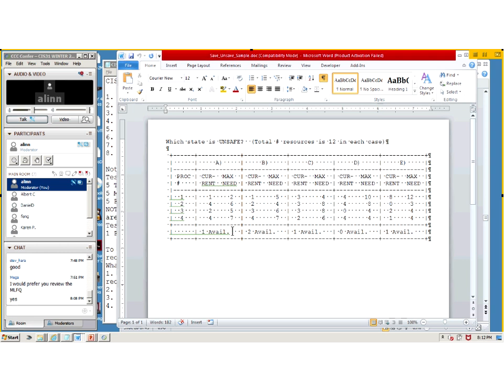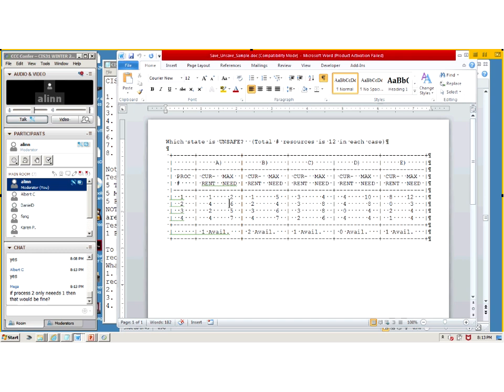Okay, does that make sense to you guys? Okay, any confusion? No, if process 2 needed 1, you mean needed 1 here, maximum need?